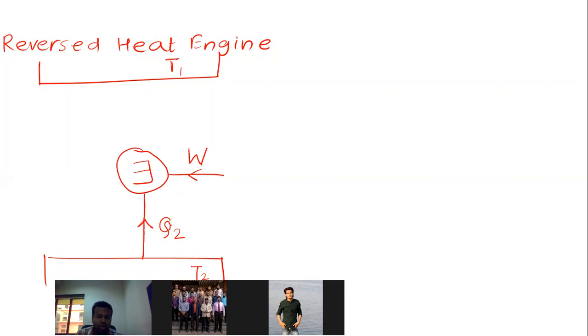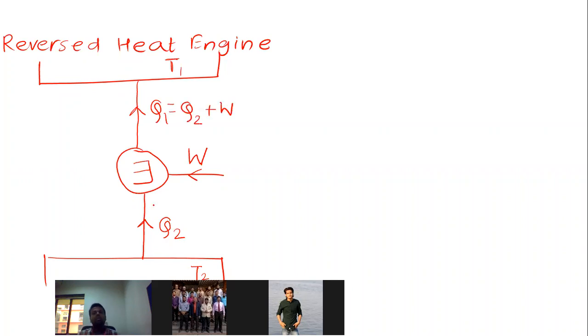When you supply W amount of work, the engine will abstract Q2, and as a result the engine will deliver Q1, because with respect to T1 it will deliver Q1. How to calculate Q1? Q1 is the addition of Q2 plus W.